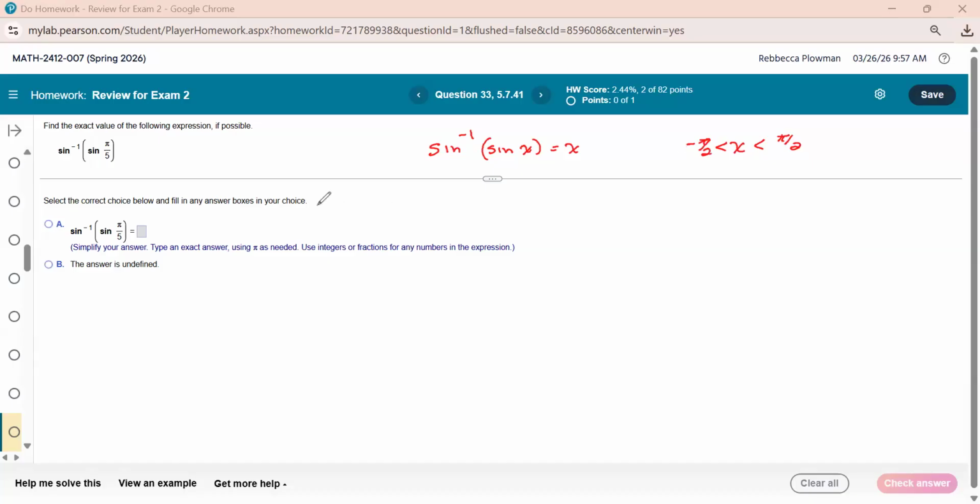If it's not, then we'd actually have to go back and look for another answer. So what we have here is pi over 5, which happens to be between negative pi over 2 and pi over 2. So that tells us that we are going to end up getting back pi over 5.